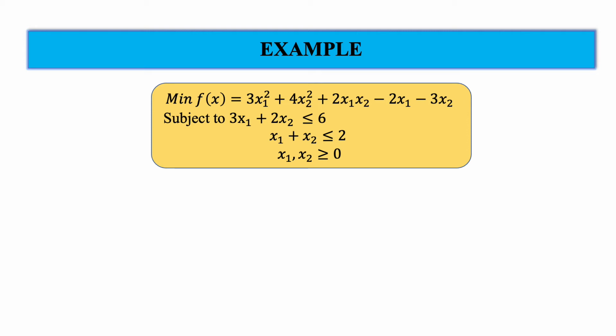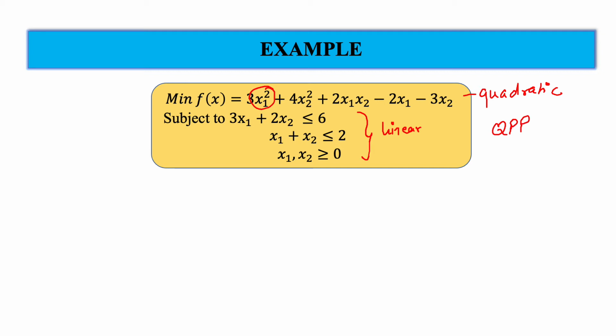In this problem the objective function is quadratic because it is of degree 2, and all the involved constraints are linear. So we can say that this problem is a quadratic programming problem.